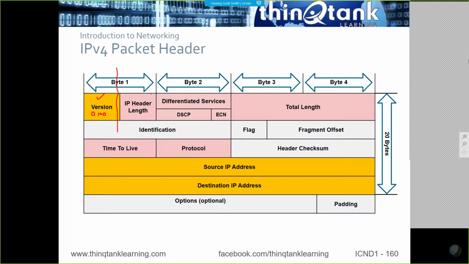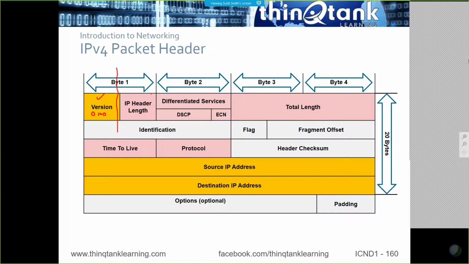Remember, it's 1, 2, 4, 8. So the first 0 represents a decimal 1. The second 0 represents a decimal 2. The third bit, the 1, represents a decimal 4. And the fourth 0 represents a decimal 8. Make sense?